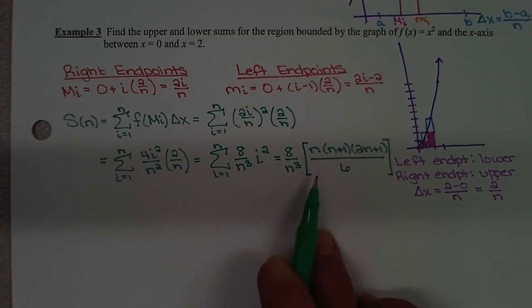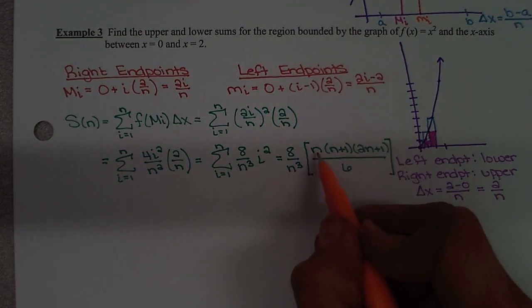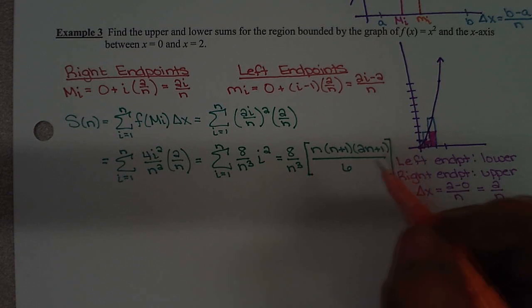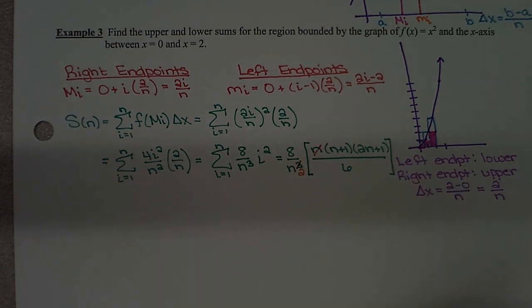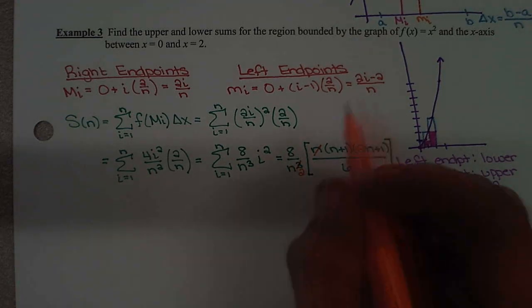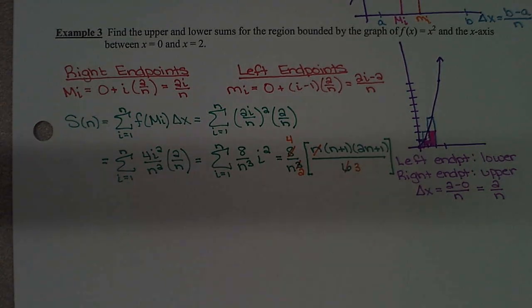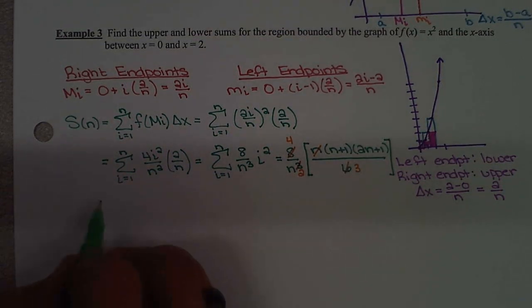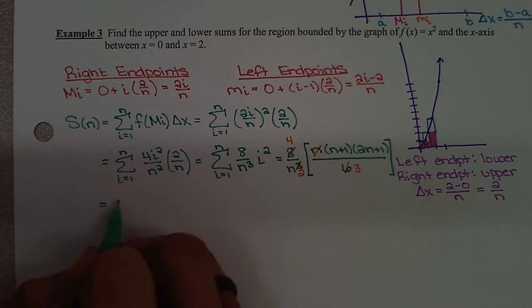Now, before I start multiplying this stuff here, notice that I have an n on the top and 3 n's on the bottom. I can reduce here to make that an n squared on the bottom. And my 8 and my 6 will reduce to a 4 and a 3. So that's going to help us along the way with some of our multiplying and distributing things out by eliminating that extra n. So this is going to equal, I'm going to leave the 4 and the n squared on the outside.